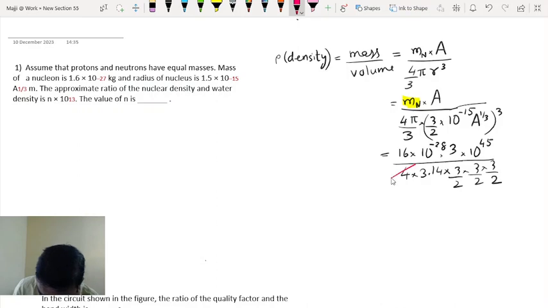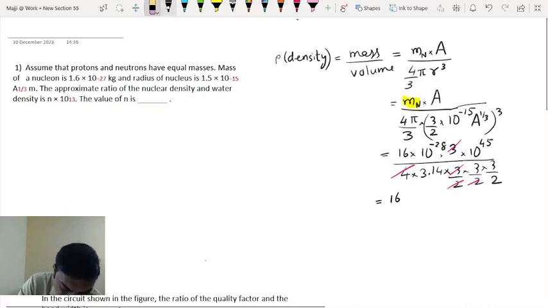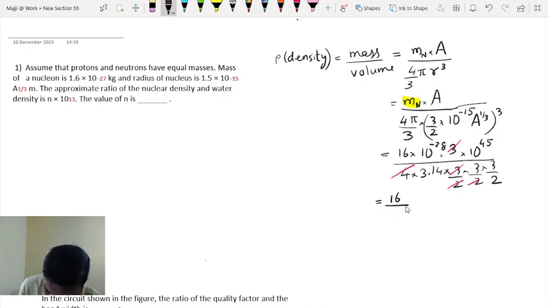So 4 and 4 get cancelled here. 1, 3 gets cancelled here. So we are left with 16 divided by 3.14 into 9, this 2 goes up, into 10 to the power 45 minus 28.